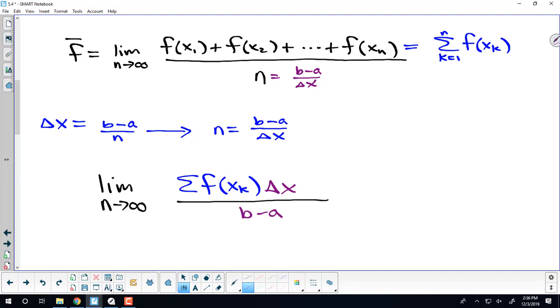I'm sorry, sum from 1 to n. So what does the top part look like? This 1 over b minus a is just a constant. It's some number. It's not affected by the summation nor the limit. But what is the limit as n approaches infinity of this sum right here? The same thing as?